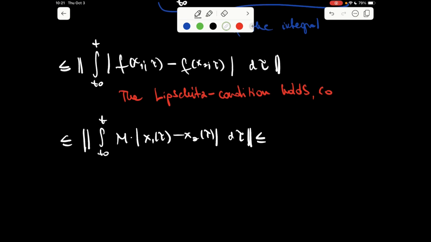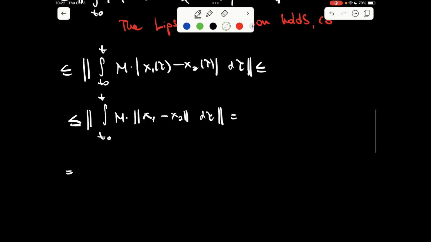From which we have the following inequality because of the max norm of space C. Okay, and given that m is a constant and the norm of x1 minus x2 is also a constant, we can factor out this constant.